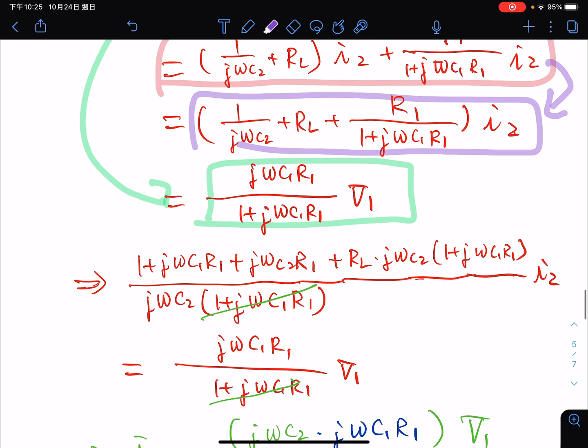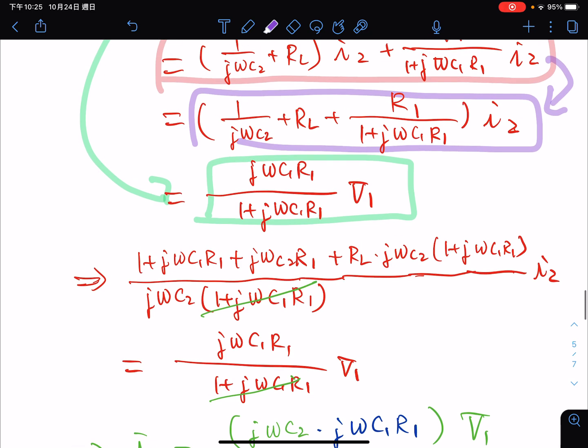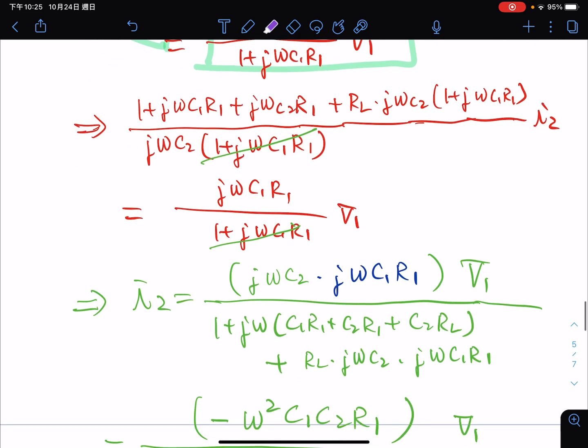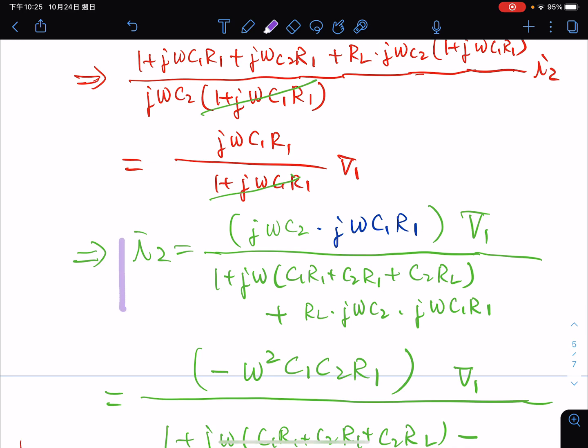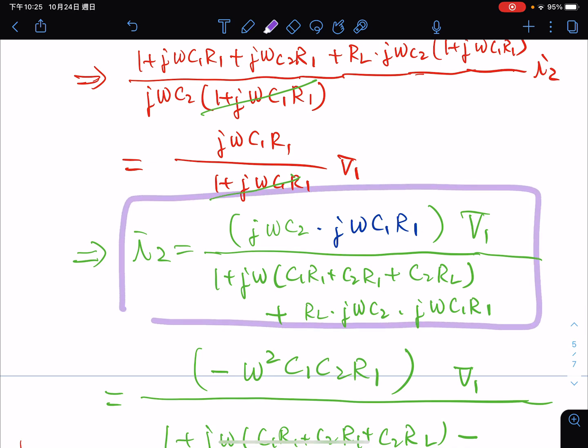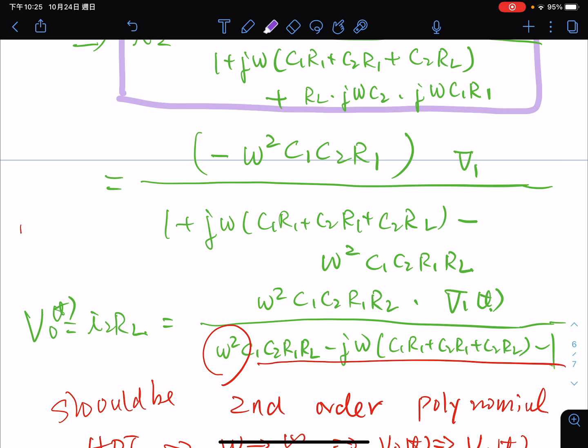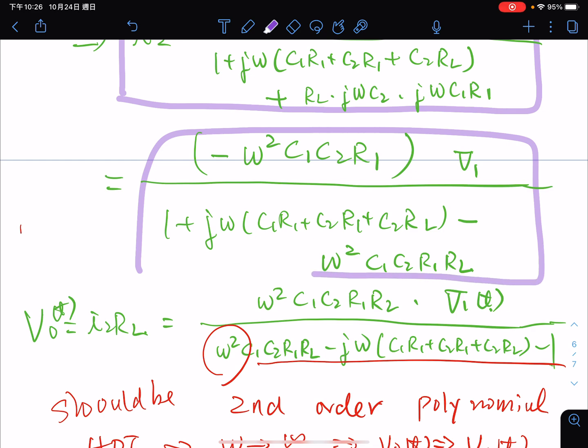And then I have to arrange the left hand side and the right hand side so that finally I get something like this for I2.